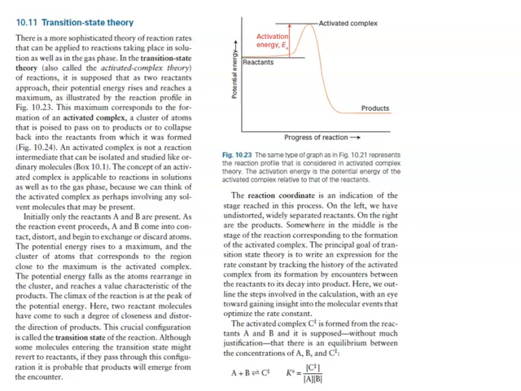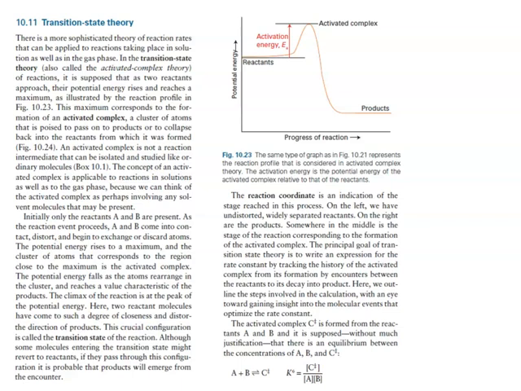As the reaction events proceed, A and B come into contact, distort, and begin to exchange or discard atoms. The potential energy rises to a maximum, and the cluster of atoms that correspond to the region close to the maximum is the activated complex. The potential energy falls as the atoms rearrange in the cluster and reaches a value characteristic of the products. The climax of the reaction is at the peak of the potential energy.